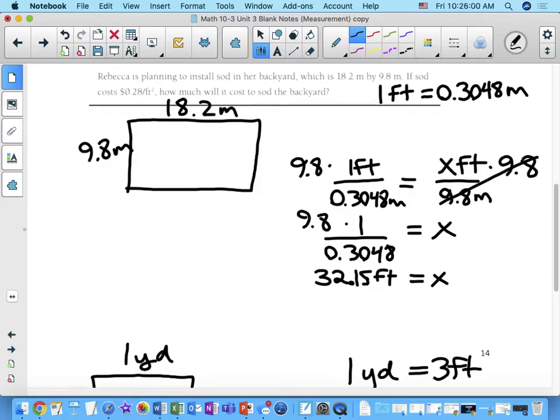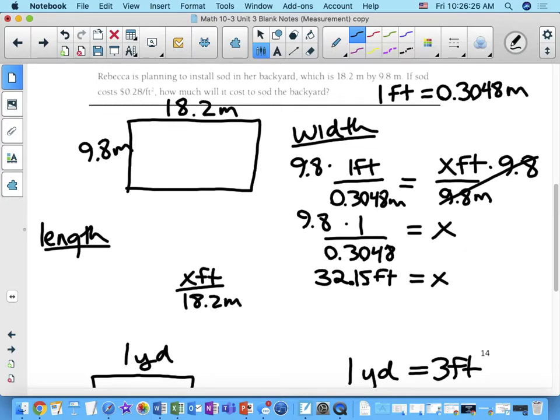That's the width. Maybe I'll do the length over here. And once you've set up the width, the length setup is the exact same, except instead of the 9.8 in the denominator, you're going to have the 18.2 in the denominator, right? So I want to know how many feet, x feet, is 18.2 meters worth.